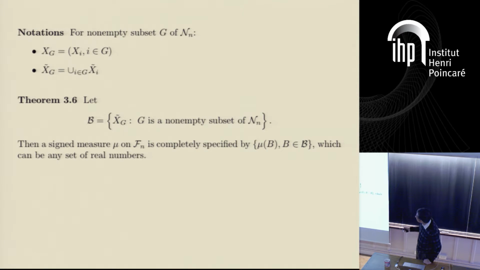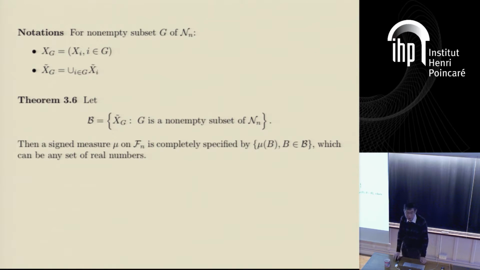Here I will use B to denote the xg tilde, where g is a non-empty subset of script n. So this is the set of all the unions of some of the set variables. The claim here is that a signed measure mu on Fn is completely specified by mu of b in script B, which can be any set of real numbers.